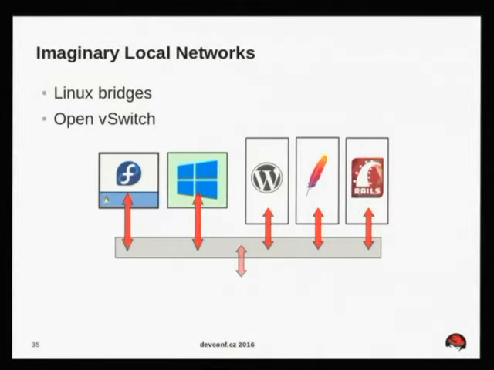So it can plot at the level where it can say, you have these containers and they're connected to this bridge, and the bridge is connected to the Ethernet and all of that. It doesn't recognize the flow rules, so it wouldn't be able to say the WordPress container can talk to the Rails container, but not the Apache container. But the plan is to add this support in the future.